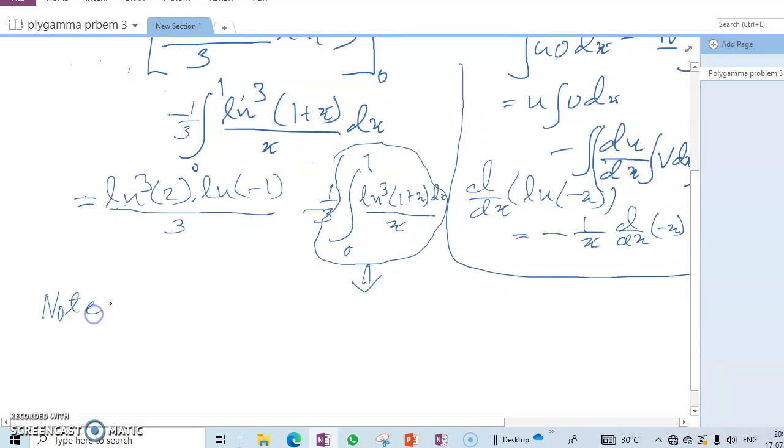Okay, so note the integration from 0 to 1 of ln cube(1 plus x) divided by x dx.